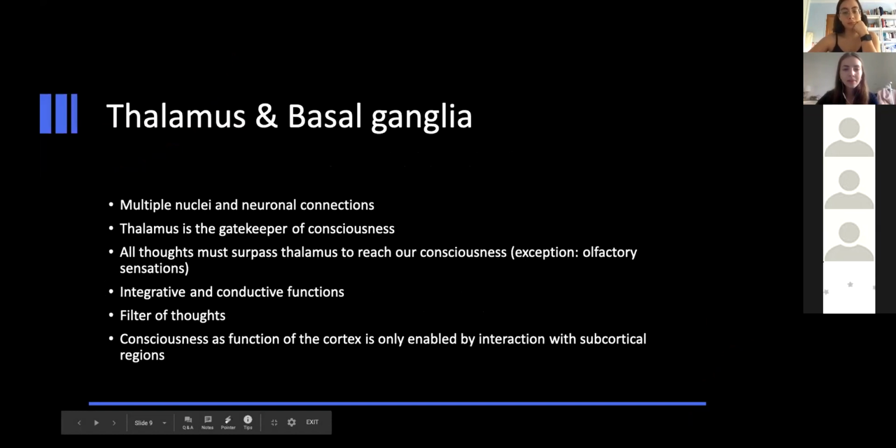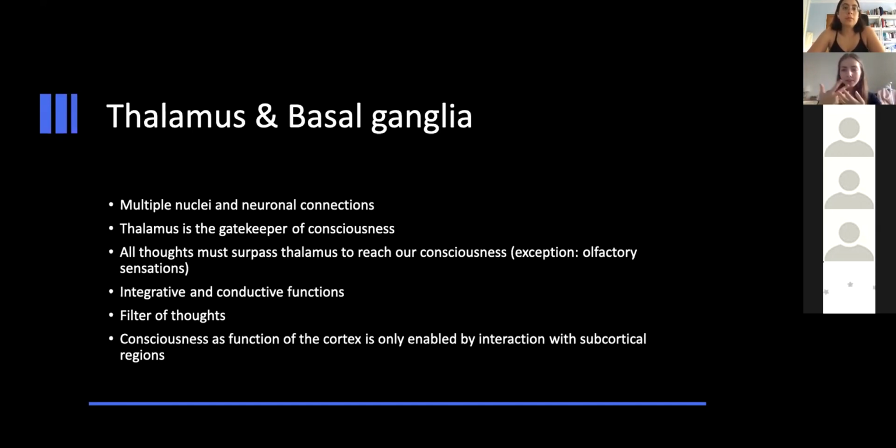So some parts of the brain that are really essential in consciousness, and not only consciousness, but also the self and your awareness, is the thalamus, which is part of the basal ganglia. So for anybody who doesn't know, the basal ganglia are some nuclei in the very middle part of your brain, which are also made up of gray matter.